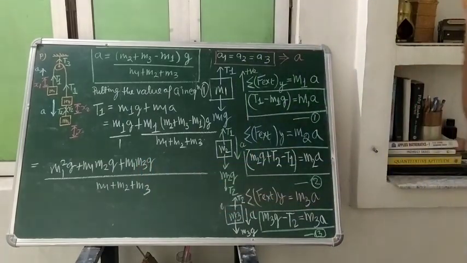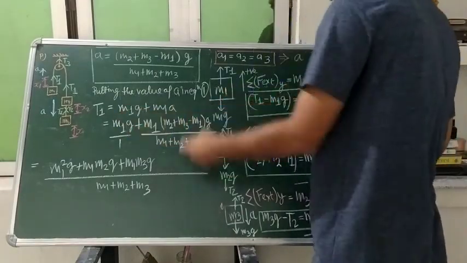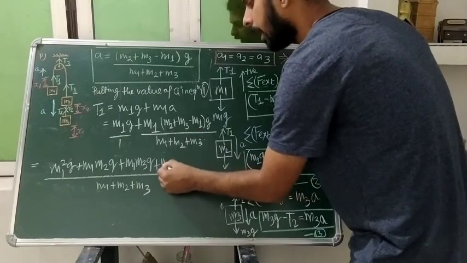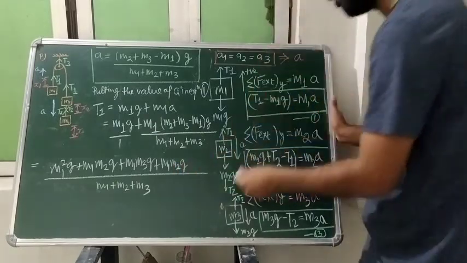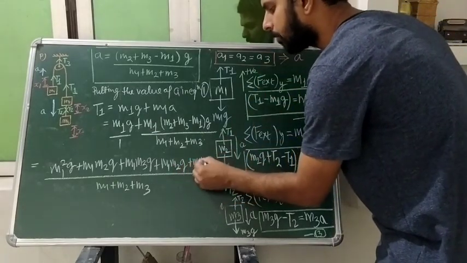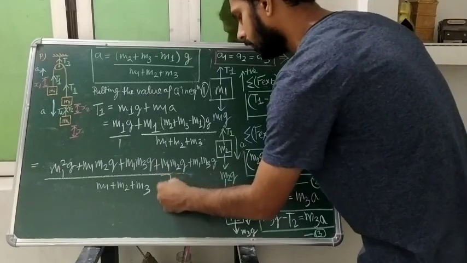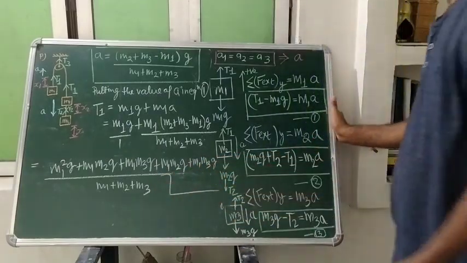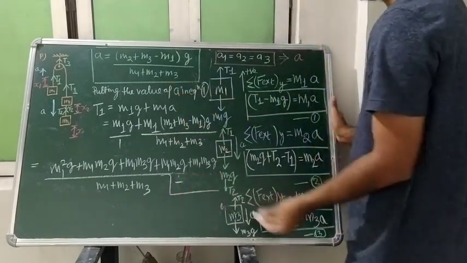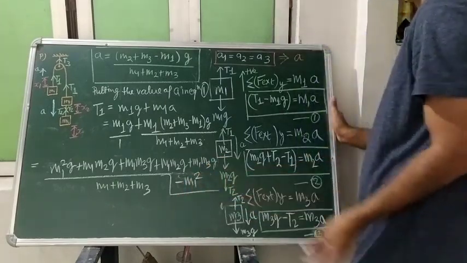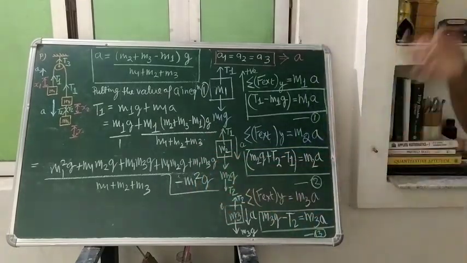Okay, and now when you multiply this m1 with m2 and this g, plus m1 m3 g, and minus m1 square g, since m1 will multiply with this, m1 square minus times g will come. Getting, students?